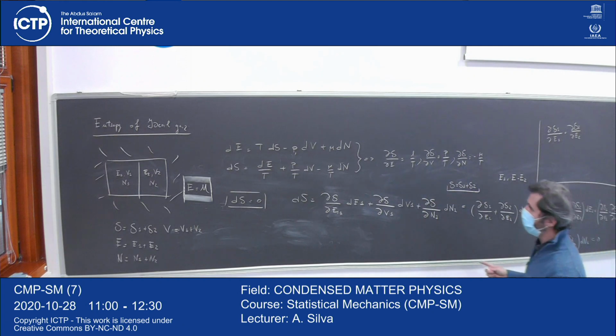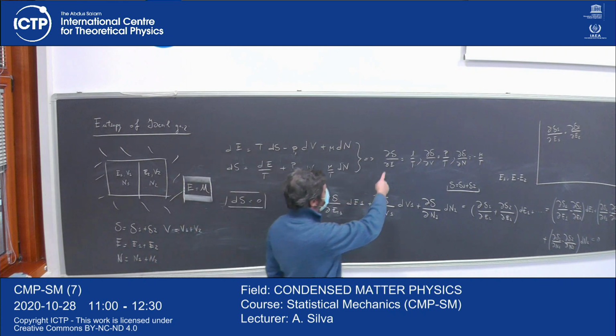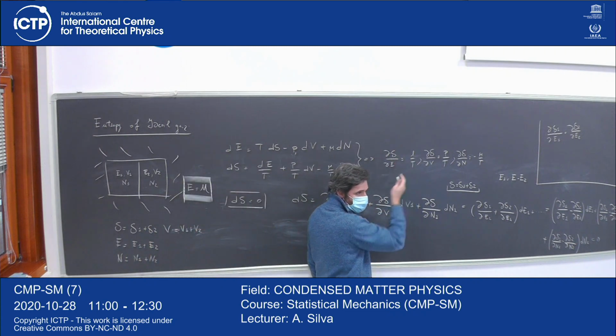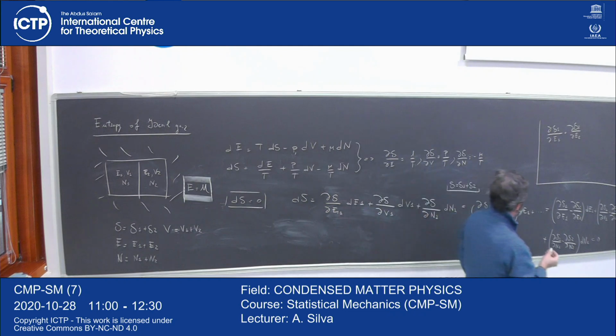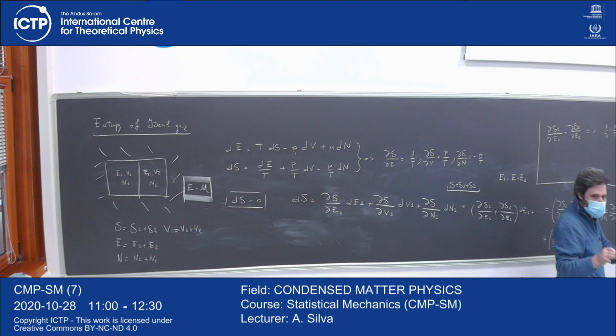But let's look back at what I wrote here. dS/dE is 1 over T. So what it means is that 1 over T1 should be equal to 1 over T2. The condition of equilibrium is that the two temperatures are equal. Oh, fantastic, right? It's to be expected. Thermal equilibrium: the condition of equilibrium between these two gases is that the two temperatures are the same.